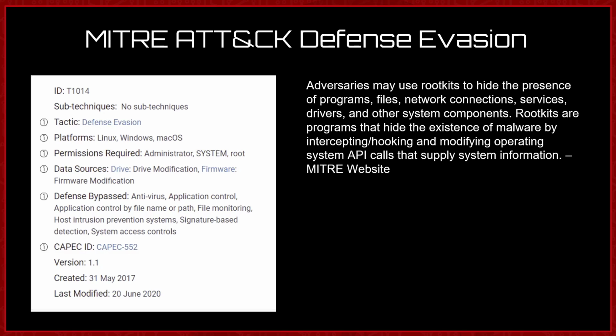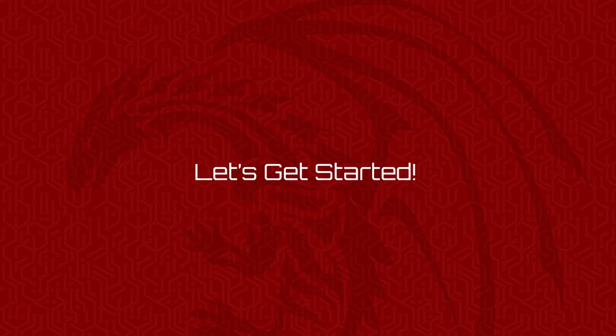Now, in our case, we're not going to be interacting with the kernel and having our rootkit actively hide our processes or our exploitation artifacts. We're going to be focused on just having a system of access that we can use whenever we want, similar to a backdoor. That being said, let's actually move on to the practical aspect of this video.